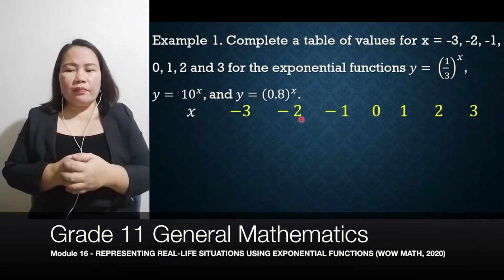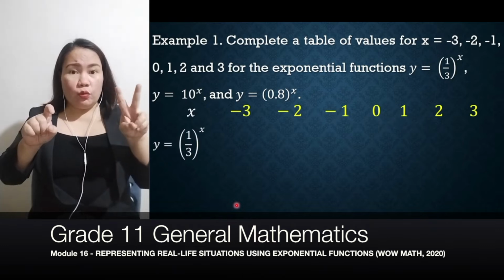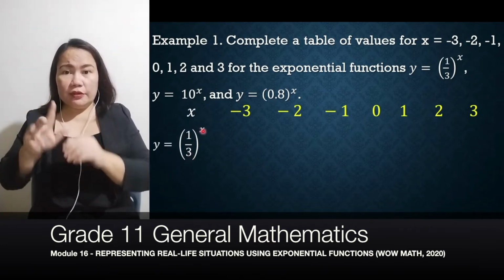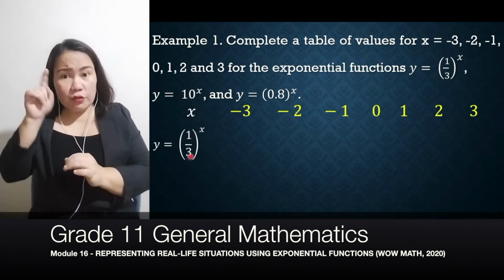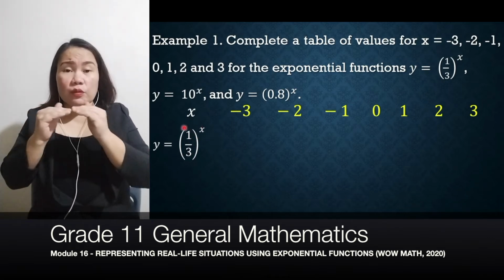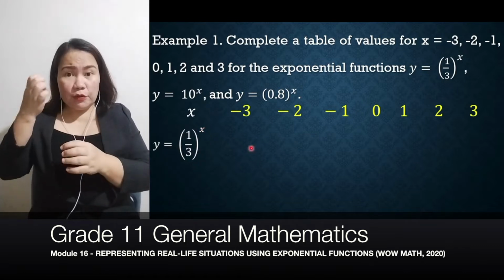So we have negative 3, negative 2, negative 1, 0, 1, 2, and 3. Now, okay, we have first function y is equal to 1/3 raised to x. This is exponential. Why? Because 1/3 is greater than 0 at yung base natin ay hindi equal sa 1. So therefore, y is equal to 1/3 raised to x and this is exponential function.